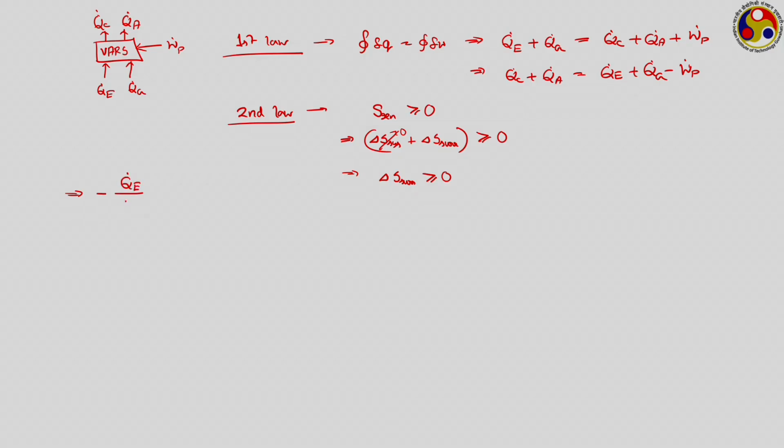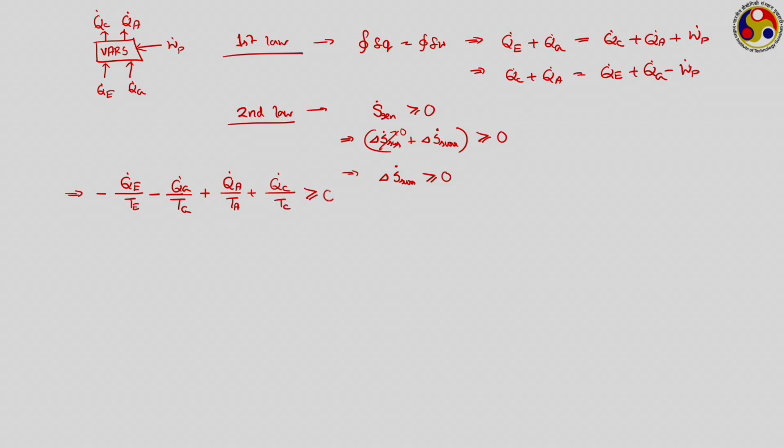I should have put a dot here just to represent that we are talking about rate quantities. So, we can write this as Q dot G by TG, and Q dot E by TE, plus it is adding heat in the form of Q dot A by TA plus Q dot C by TC.